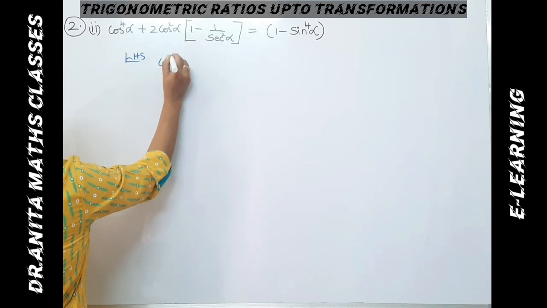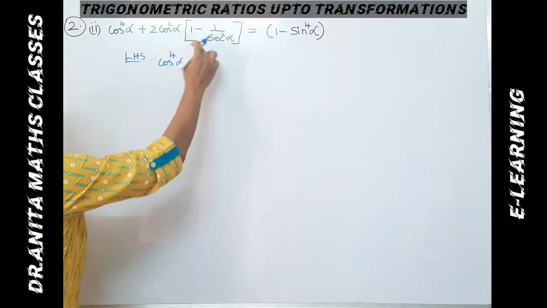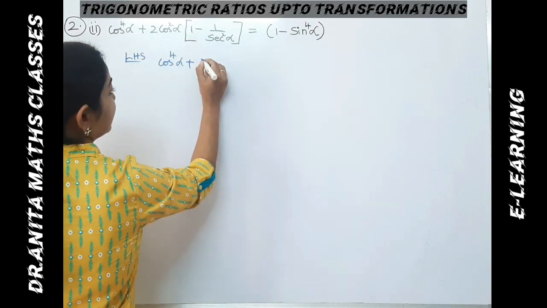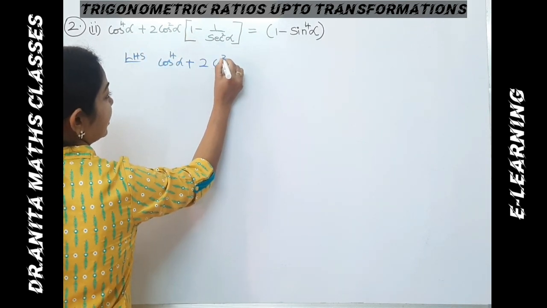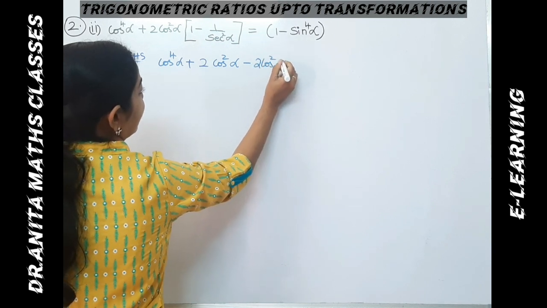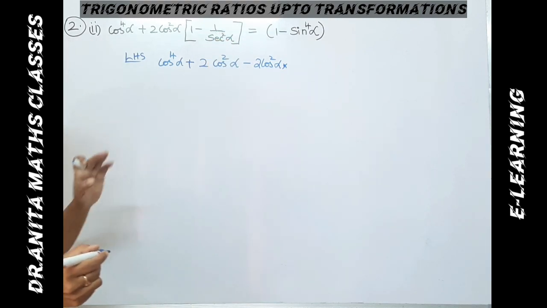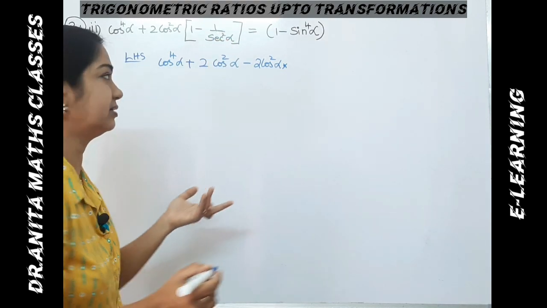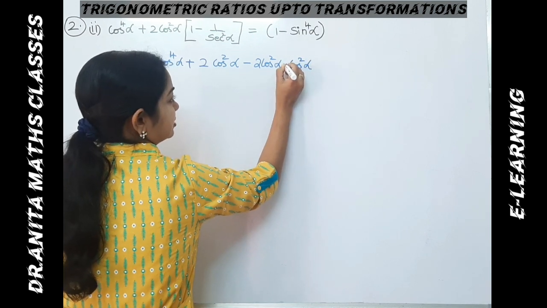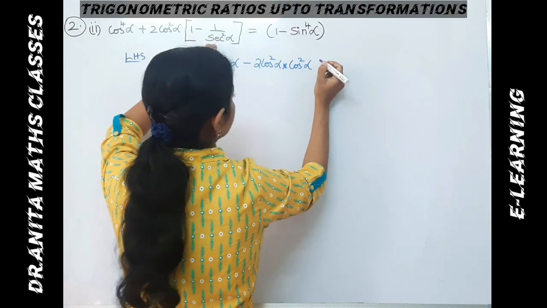It is cos 4 alpha plus, let us open the bracket and multiply 2 cos square alpha to 1, which comes to 2 cos square alpha, minus 2 cos square alpha multiplied by 1 by secant square. The reciprocal of secant square is nothing but cos square alpha, since it is the multiplicative inverse, so I have written it as cos square.